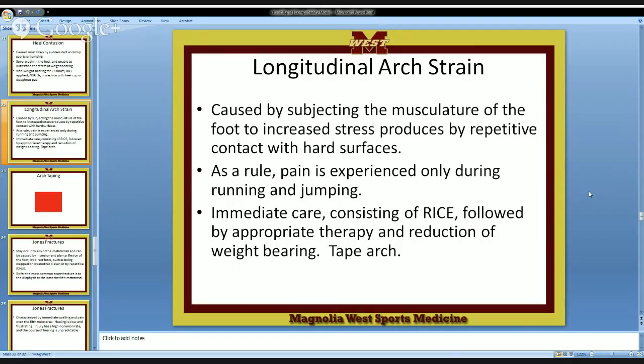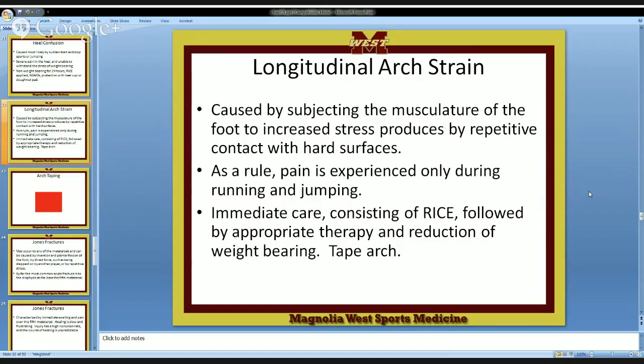This arch strain is caused by subjecting the musculature of the foot to increased stresses. It's produced by repetitive contact with a hard surface. Let's go back to those shoes. You need to find out if they have an arch cookie in them.